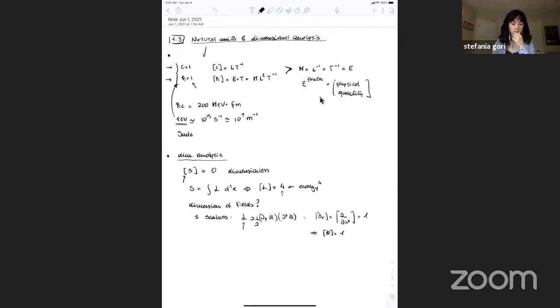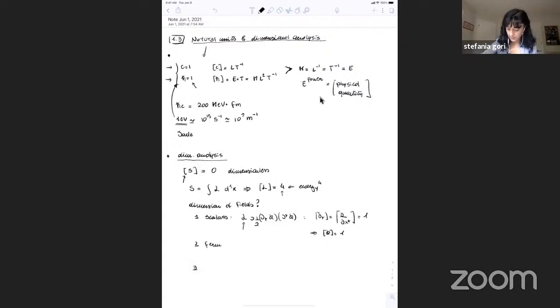Okay. And then it is exactly the same exercise for fermions and gauge bosons. We just have to remember or to know how to write down some terms of the Lagrangian, and then from the dimension of the Lagrangian we get the dimension of the field.